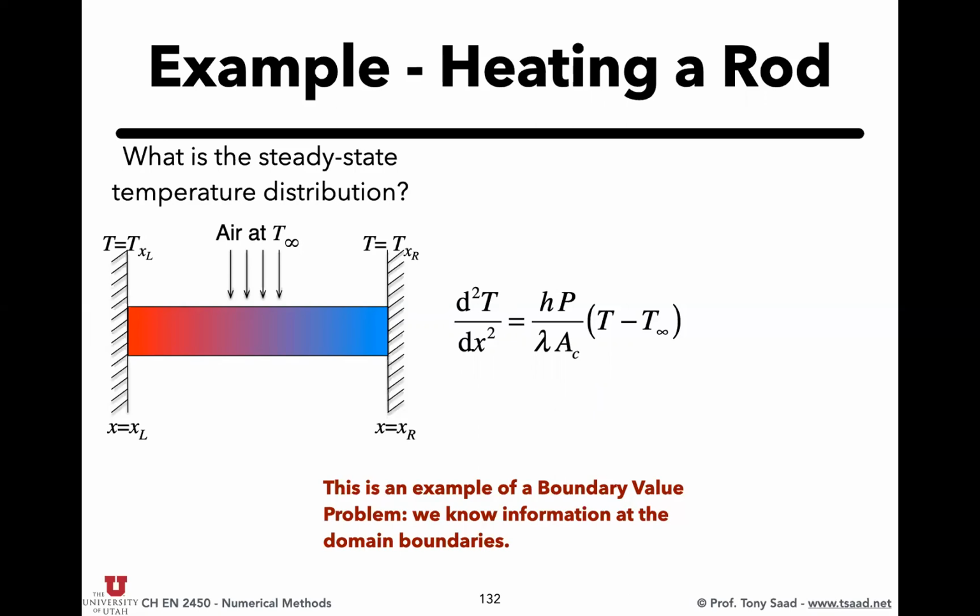Water's boiling, it's a constant temperature, and then the ice cube is constant temperature. So you have 2 fixed temperatures at both ends, not necessarily equal. One of them could be higher than the other, doesn't matter. But then that rod is also subject to an air environment at a certain temperature. We've been calling this T infinity.